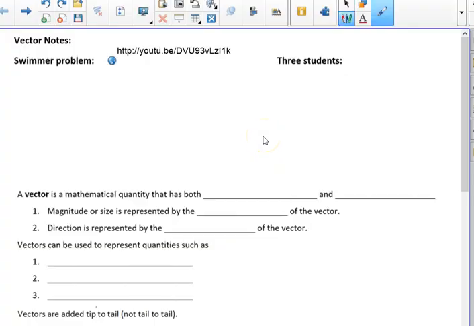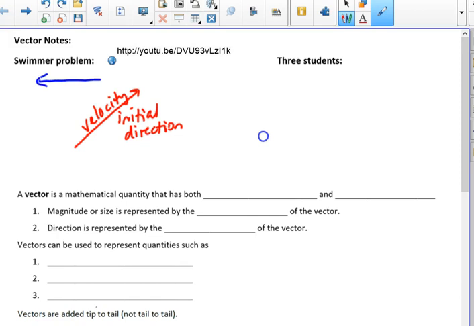All right. Now what you noticed is that the swimmer started out swimming this direction. So this was her initial direction. And she had some kind of velocity going on here. She was swimming at some sort of speed. And then we had the current of the river that was going this way.